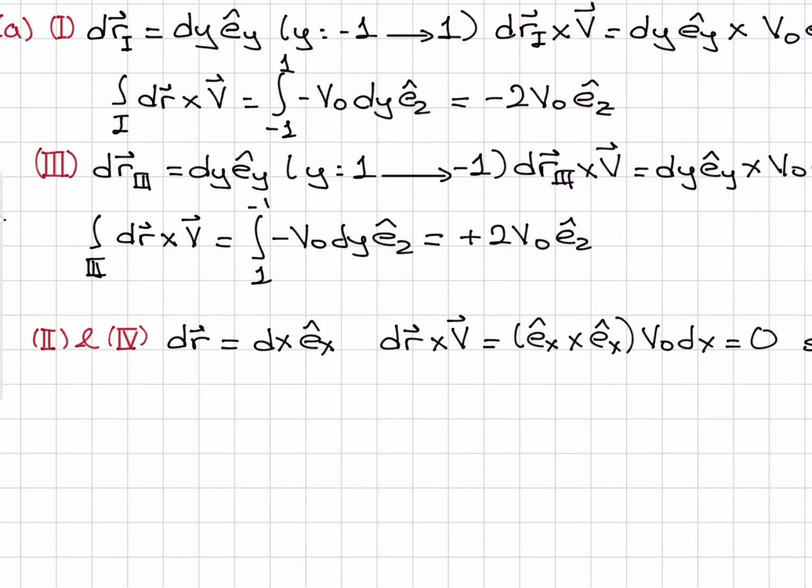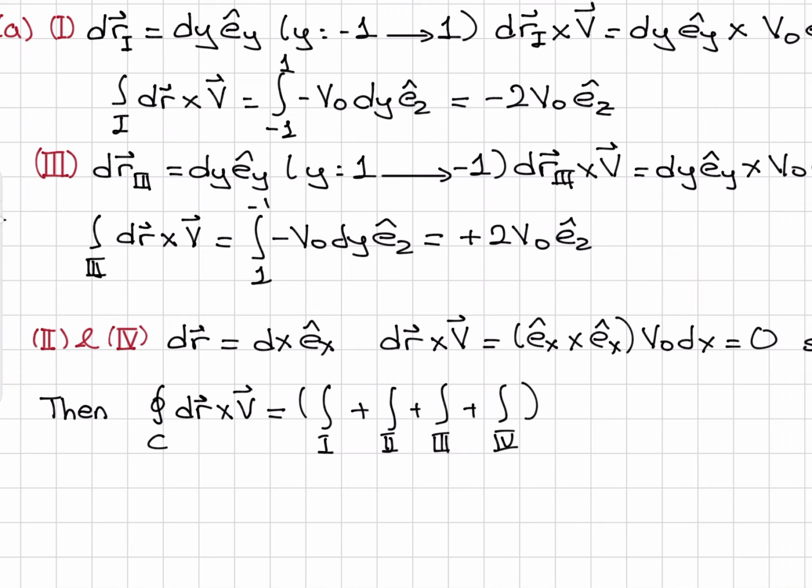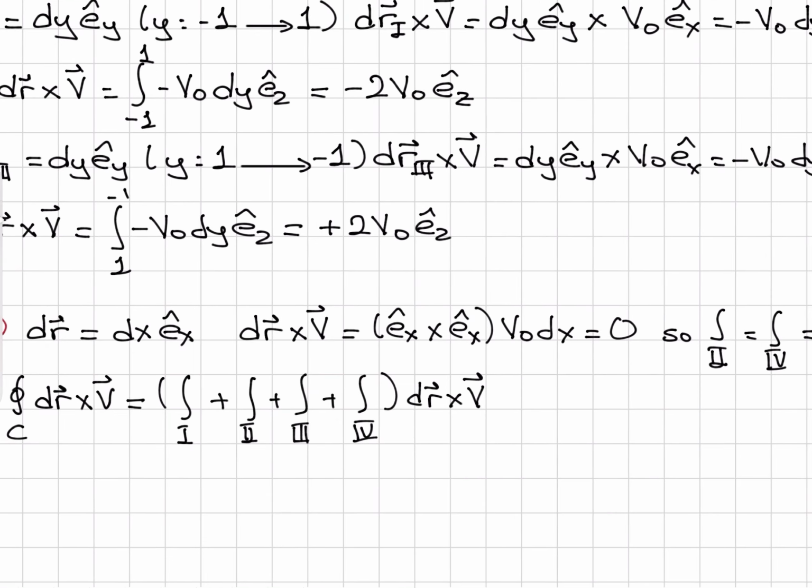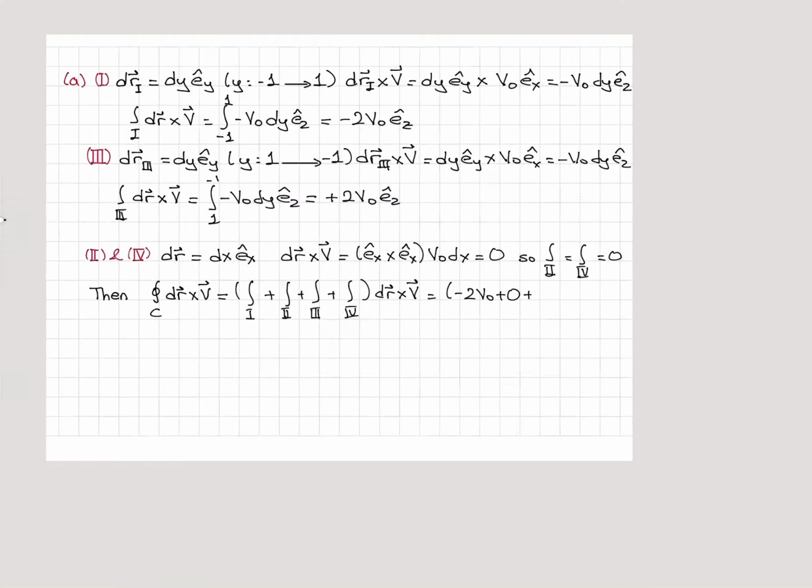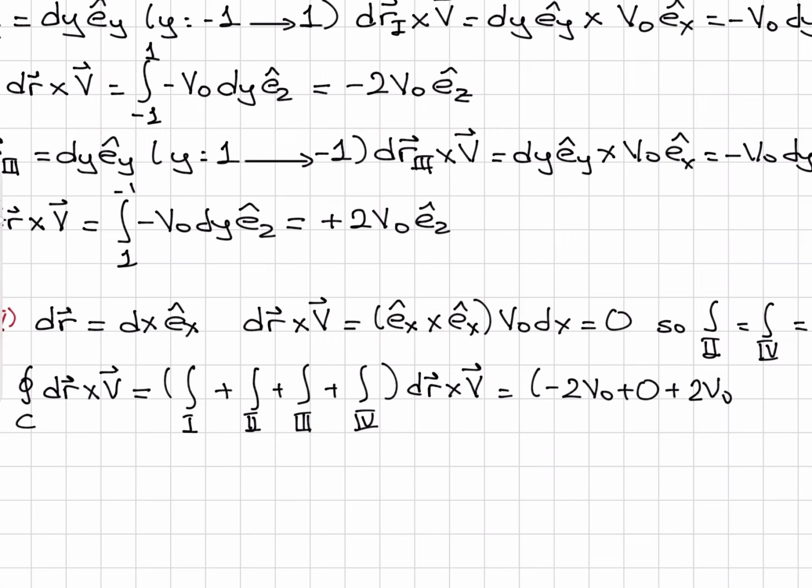Then I can find the total, which will give me the closed contour integral on the closed contour C, dr cross V. This is the sum of the first, second, third and fourth segment integrals of dr cross V. My answer for the first segment was minus 2v0, second was 0, third was 2v0, and fourth was 0, in the ez hat direction.